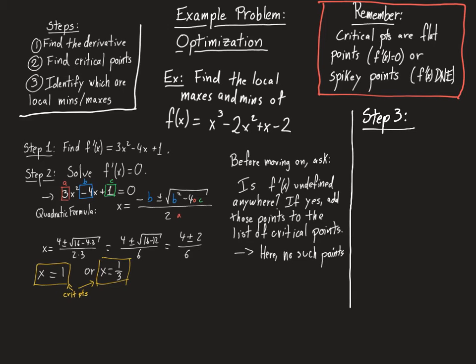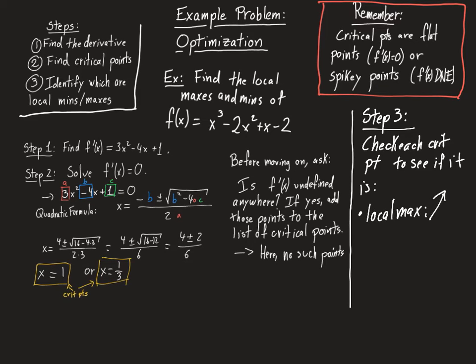Step 3 is very straightforward. What we're going to do is check each critical point to see if it is either a max, and a max is a point at which your function before it is increasing and afterwards is decreasing, or a local min, which is a point where prior to it you are decreasing and then afterwards you are increasing.